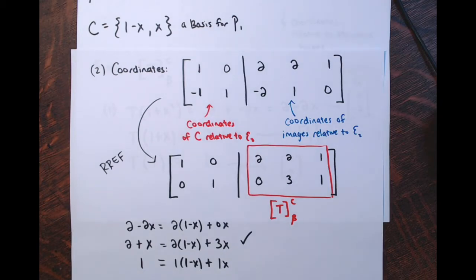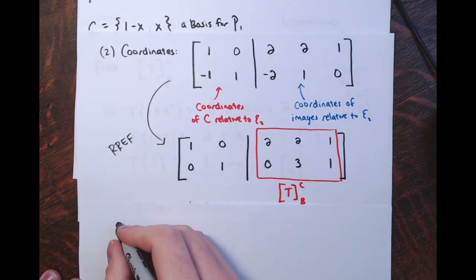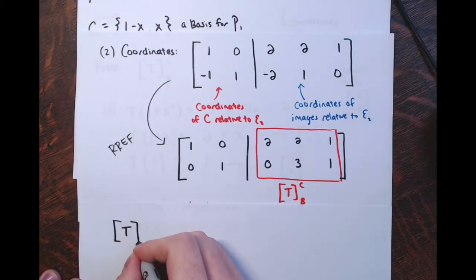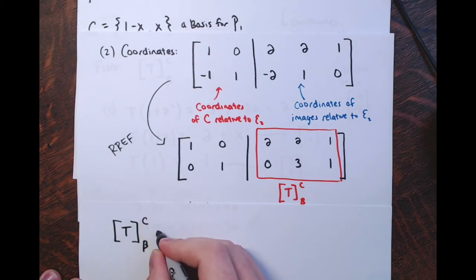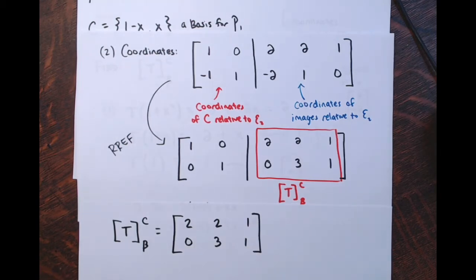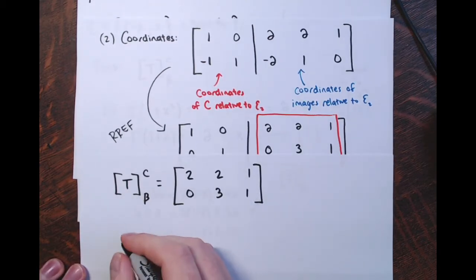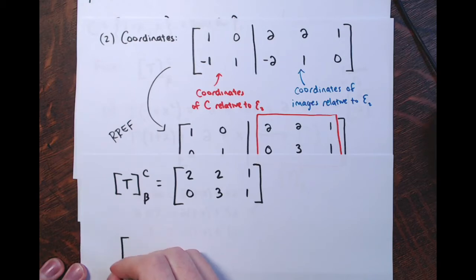All right, so I'll write that on the next page and then show you again an example of how to use it. All right, how would we use this? So the matrix representation of T relative to B and C here is this matrix, 2, 0, 2, 3, 1, 1. Right, and then again, how this would be used. The coordinates of some output.